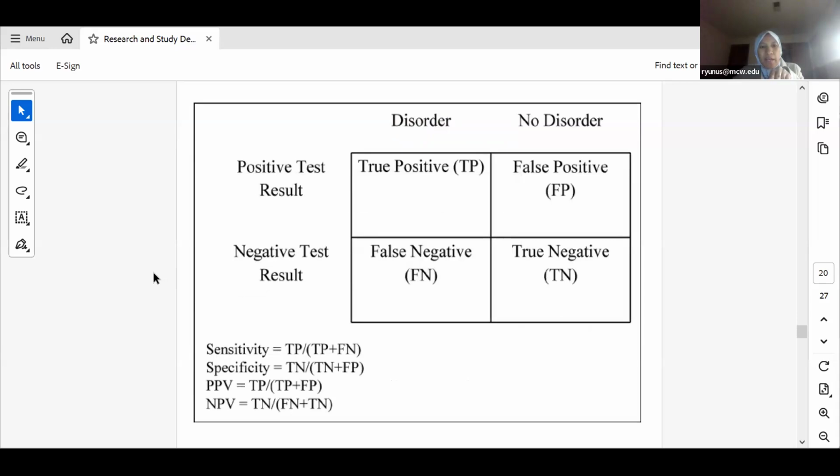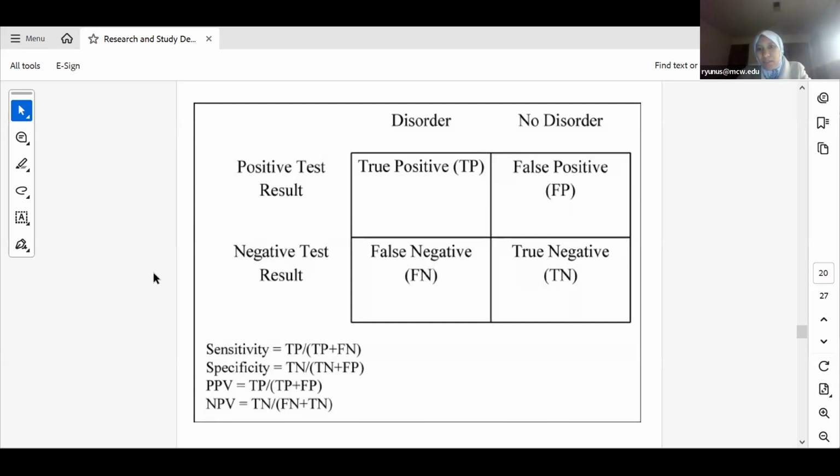That means someone with the disorder, the person actually has that disease, and when you use that test, that tool, you get a positive test result. So that is a true positive. The test tells you the result is positive, and it is in fact correct because that person has that disease.